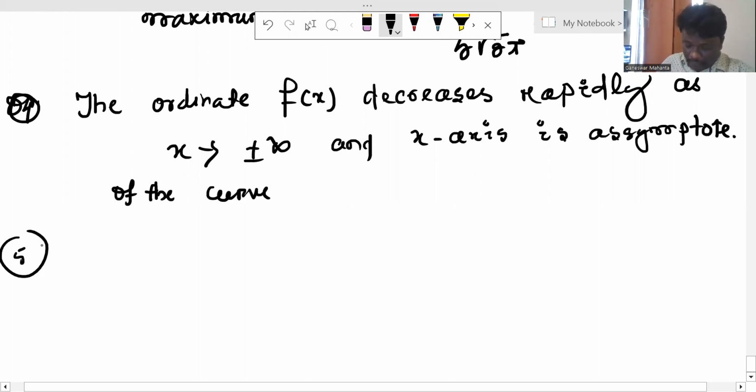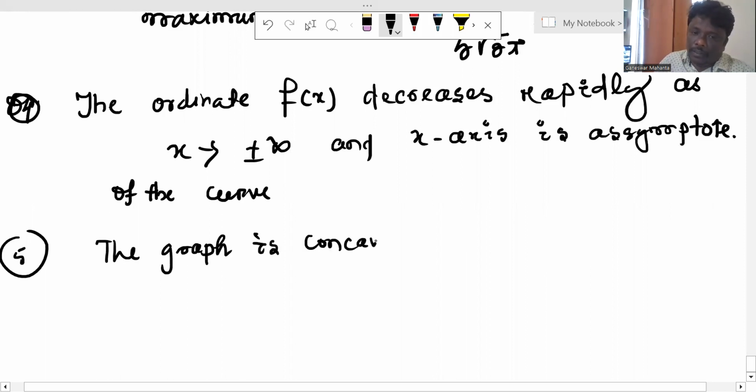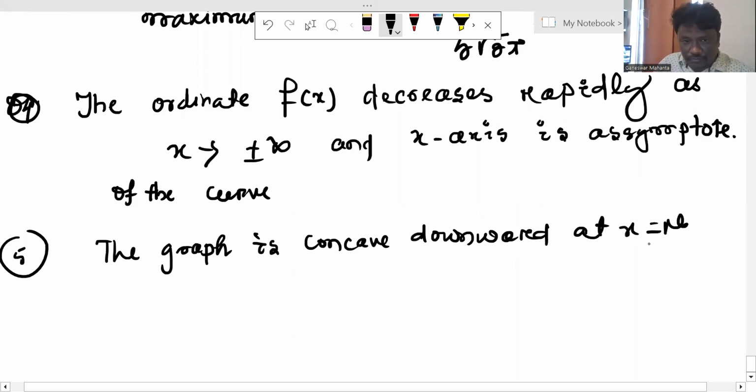Point 5, the graph is concave downward at x equal to mu, the mean.